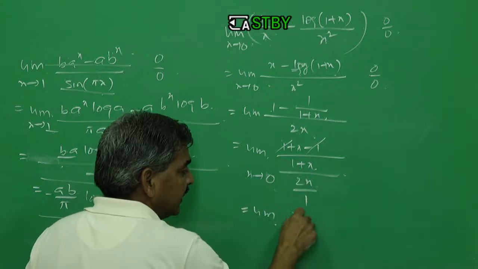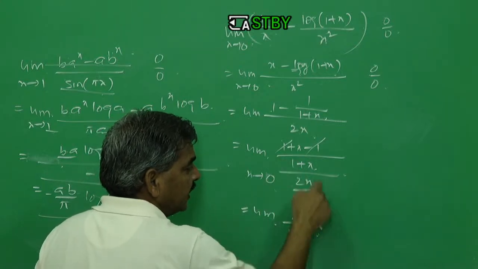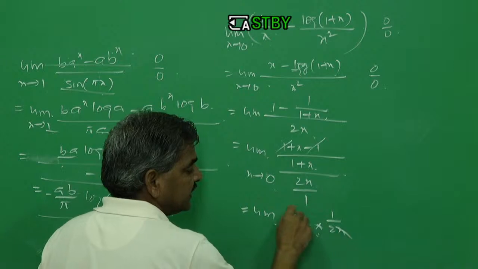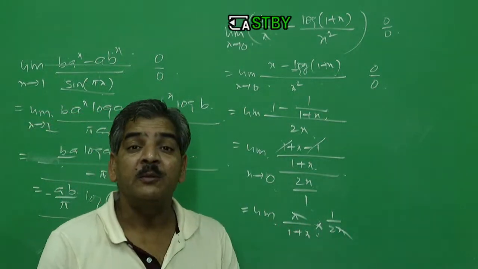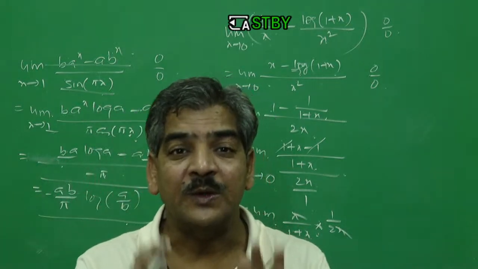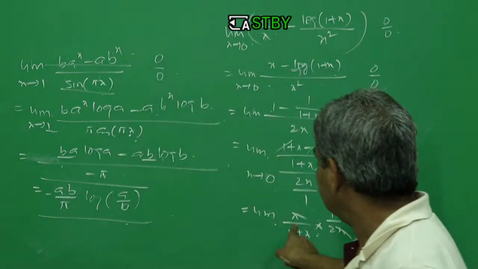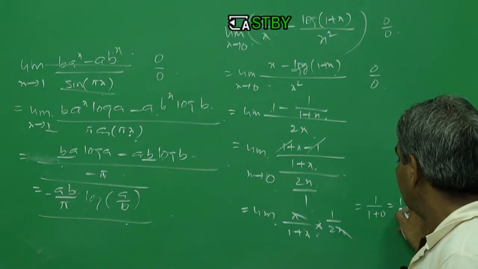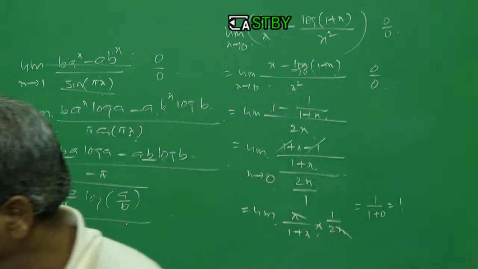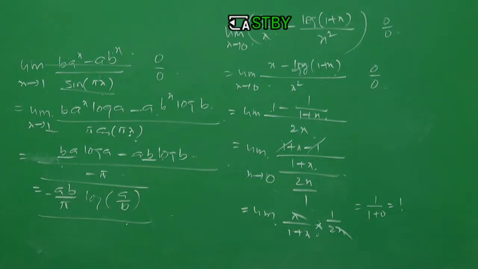Limit of x upon 1 plus x into 1 upon 2x, x gets cancelled. Now if I put x is equal to 0, denominator will not be 0. So in remaining problem, put x is equal to 0. So this is 1 upon 1 plus 0, and that is equal to 1. That's the answer. Agla question.